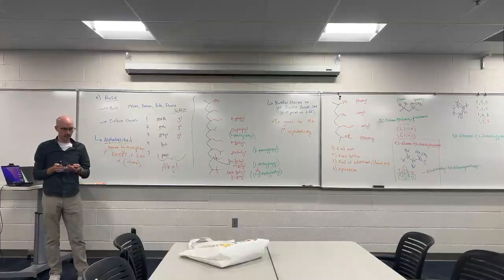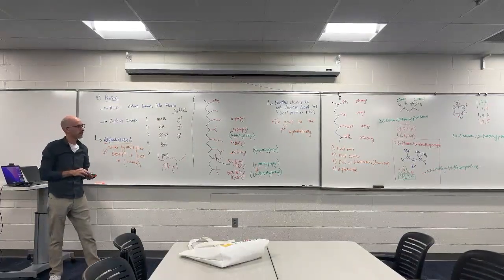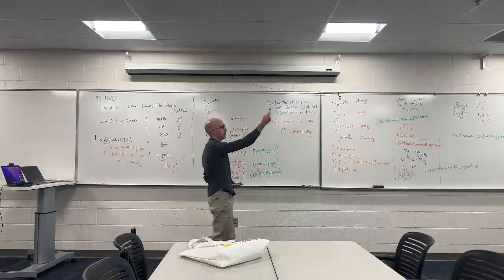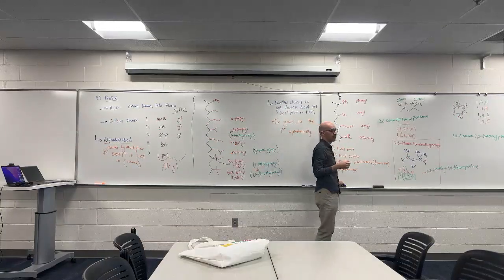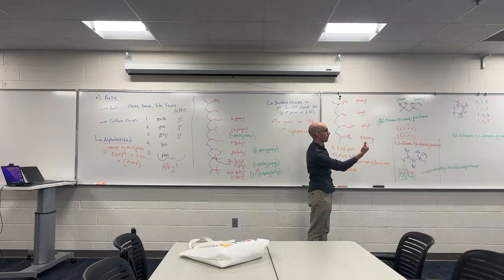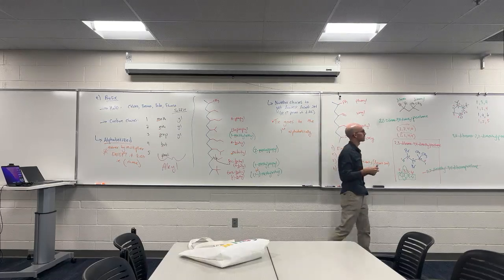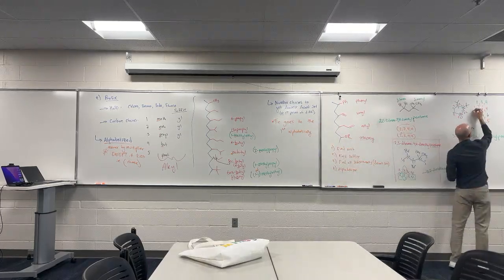Which locant set should I choose? One. Red? Red beats green because 2 is lower than 3. Red beats orange because 4 is lower than 5. So there were 2 reasons why red is correct.